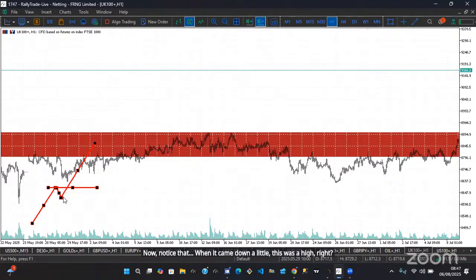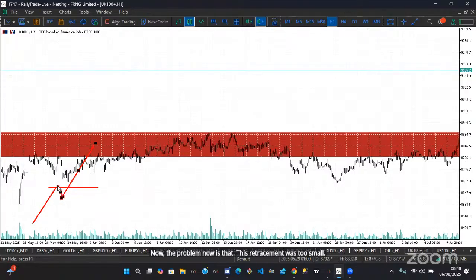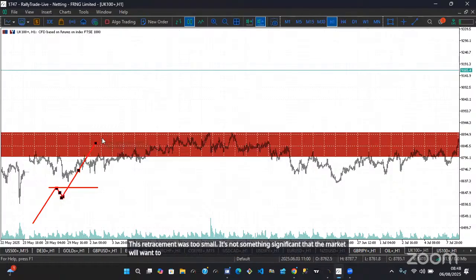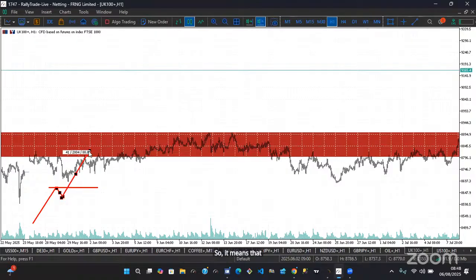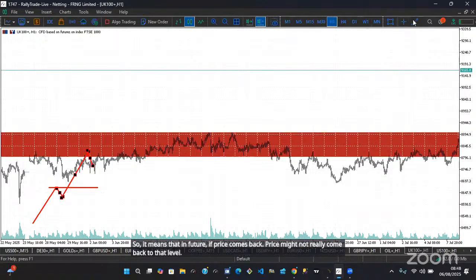The problem now is that this retracement was too small. It's not something significant that the market will want to reference in future. So in future, if price comes back, price might not really come back to that level before it keeps pushing to the upside.